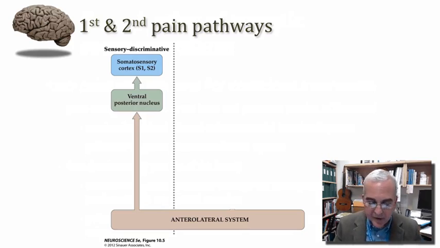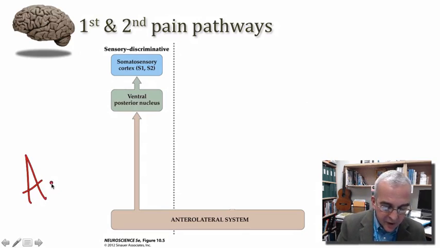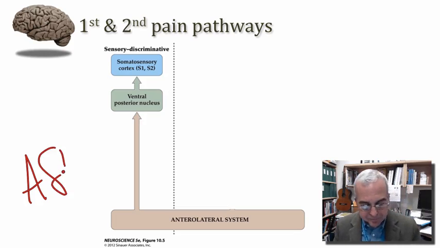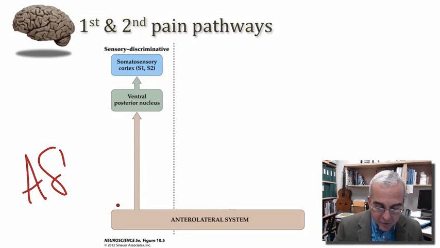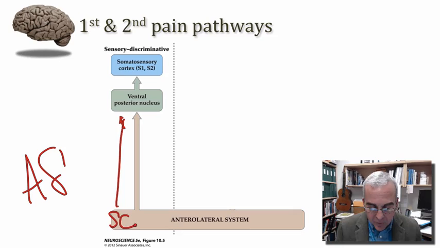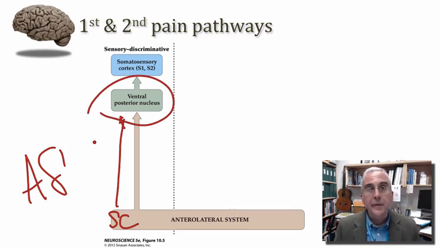Well, that first pain is associated with activation of our A delta fibers, and those A delta fibers provide input to the dorsal horn of the spinal cord. And from the dorsal horn of the spinal cord, we have neurons that grow axons all the way from the level of the spinal cord to the level of the thalamus.